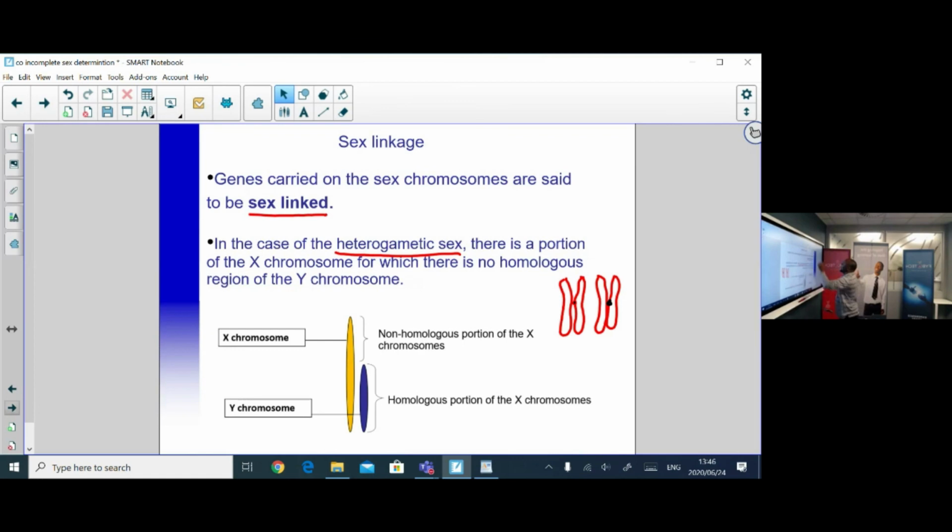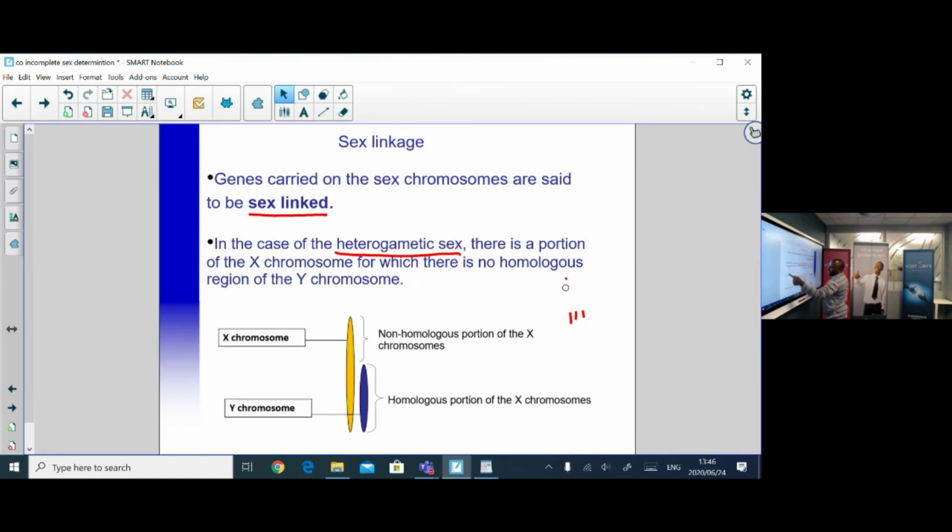Sorry for the poor drawing, but I wanted them to be the same in size and in shape. They are homologous. But it's not always the case when it comes to our gonosomes, our X and Y chromosomes.